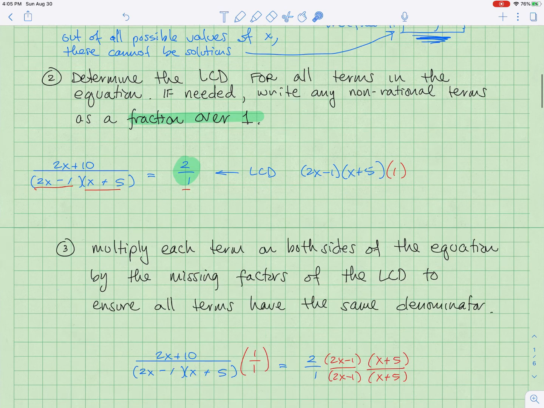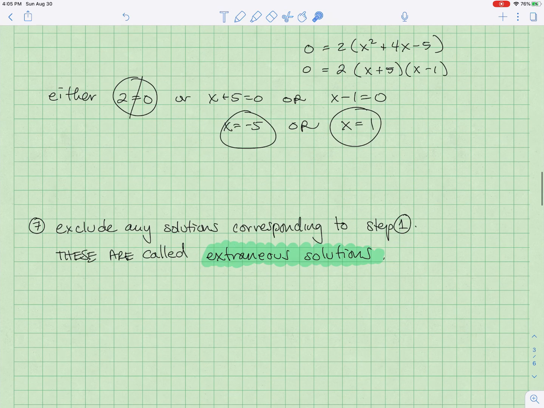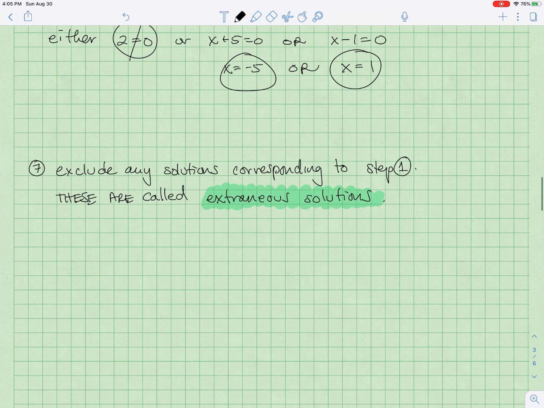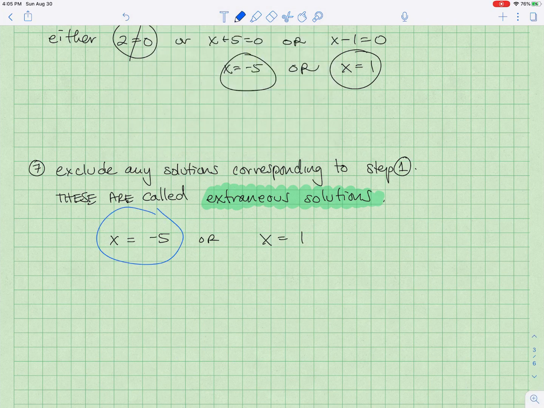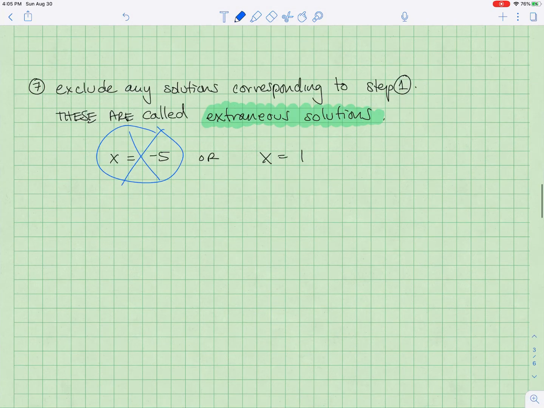Well, it turns out that negative 5 was one of those answers. So if x is equal to negative 5 or x is equal to 1, it turns out that we can't use negative 5. This is what's called an extraneous solution, since step 1 states x cannot equal negative 5.